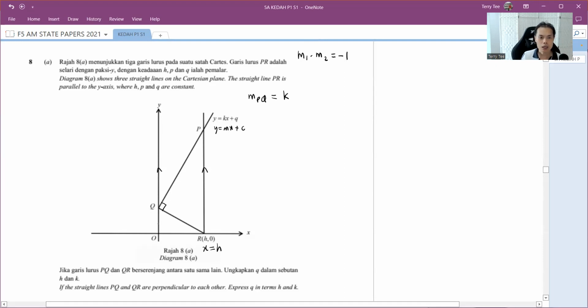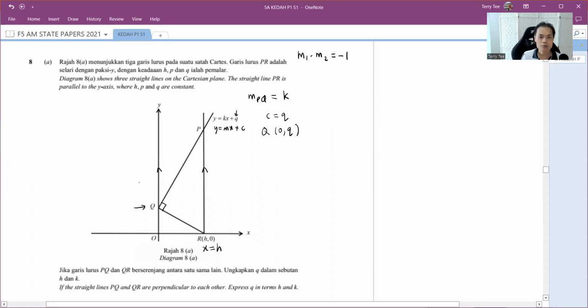For gradient QR, I need to find the y coordinate of point Q first. When you look at your y equals mx plus c, your y-intercept is actually q. So the point Q here has a coordinate of (0, q). You don't really need to show that.